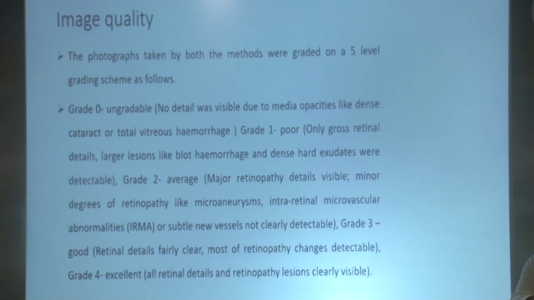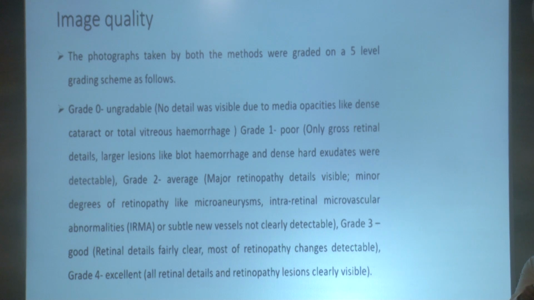Image quality. Photographs taken by both the methods were graded on a 5-level grading scheme as follows. Grade 0 was ungradable. No detail was visible due to media opacities like dense cataract or total vitreous hemorrhage. Grade 1 poor, only gross retinal details. Larger lesions like blot hemorrhages and dense hard exudates were detectable.